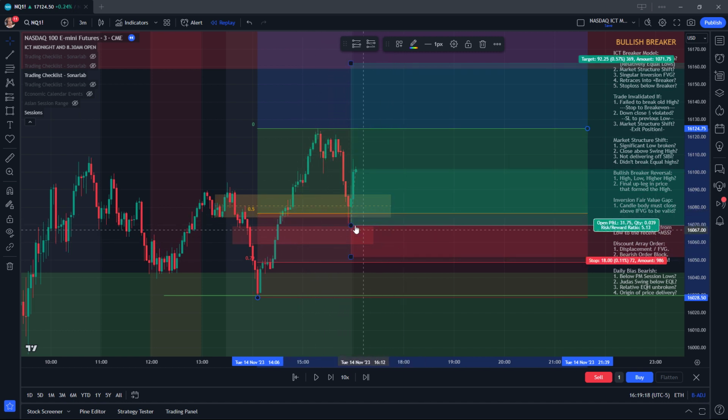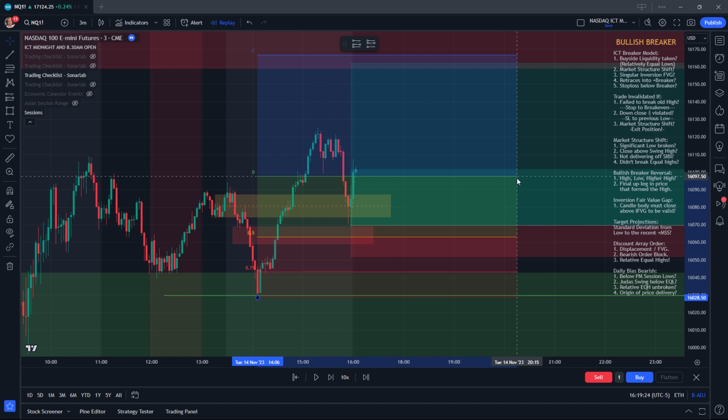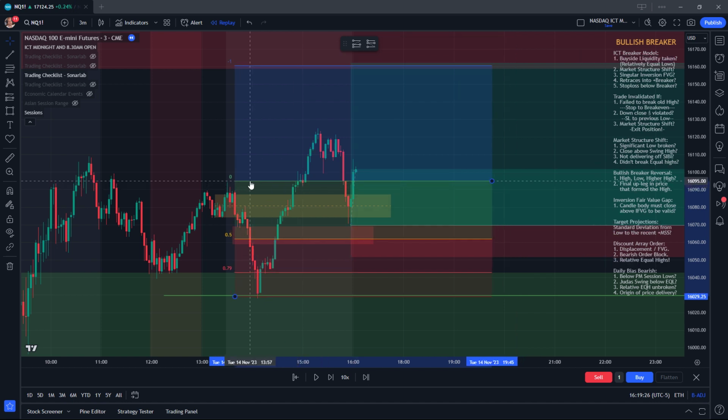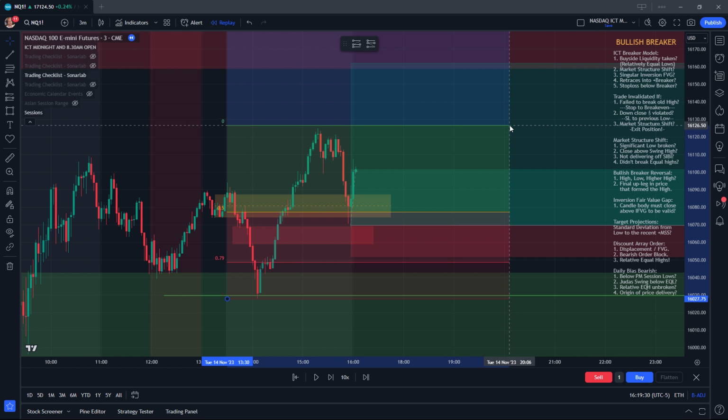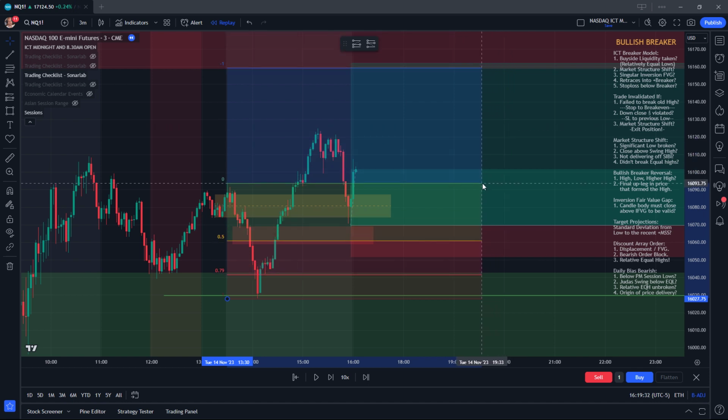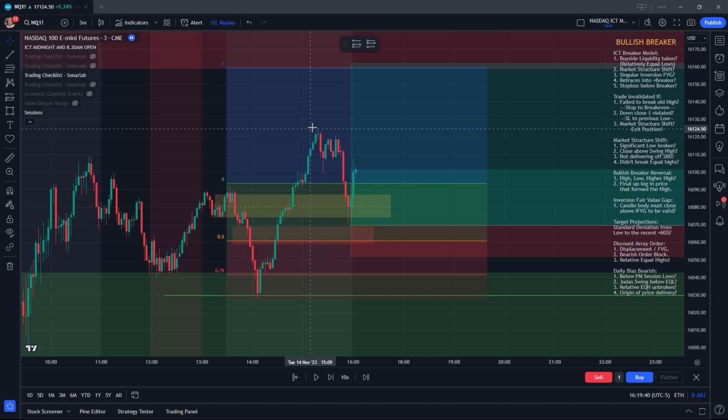But when we're actually trying to calculate the profit target, we use the low, not the market structure shift high, but the level in which it became a market structure shift. So once price came above here, this became a market structure shift.